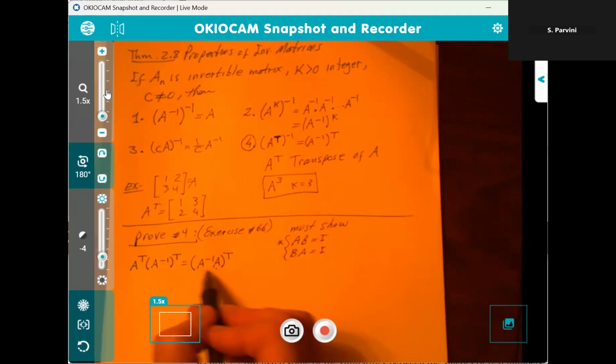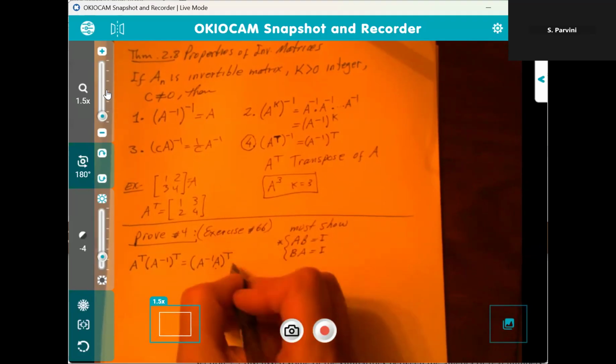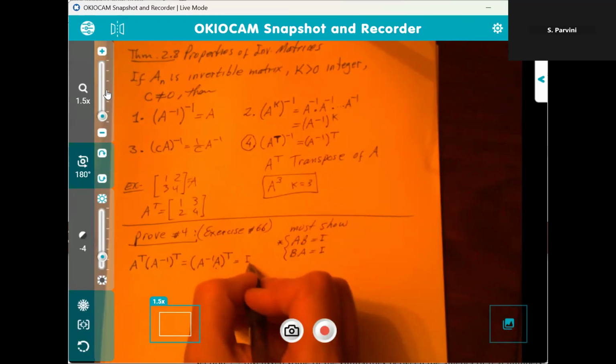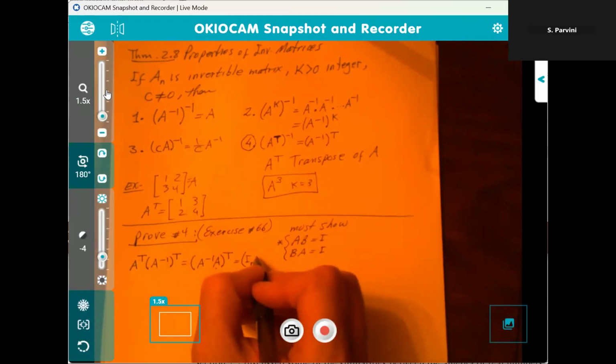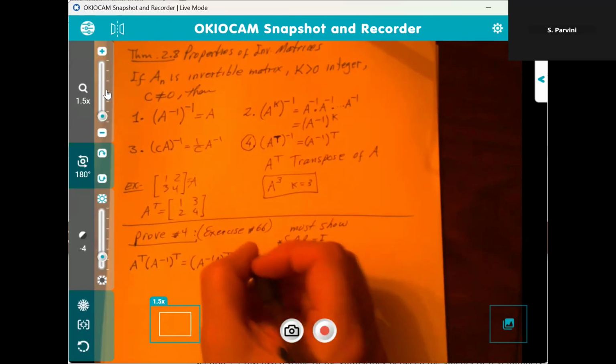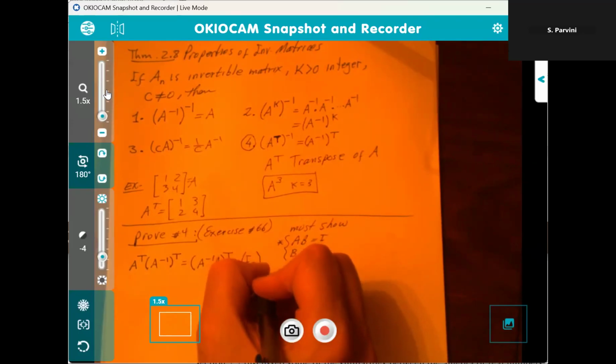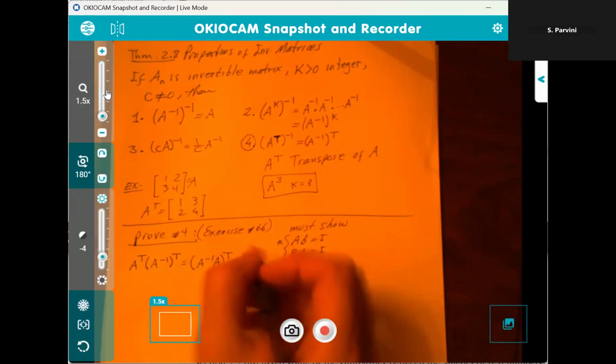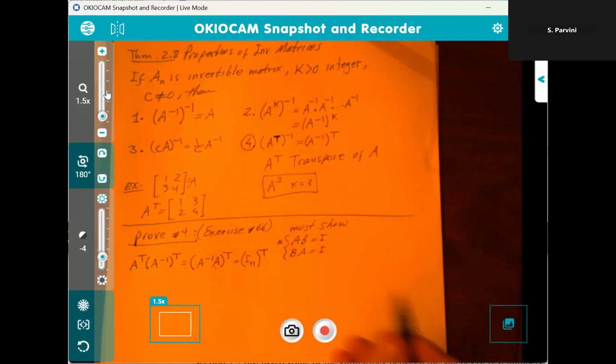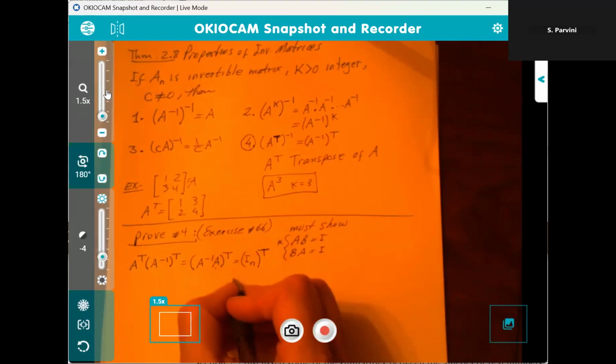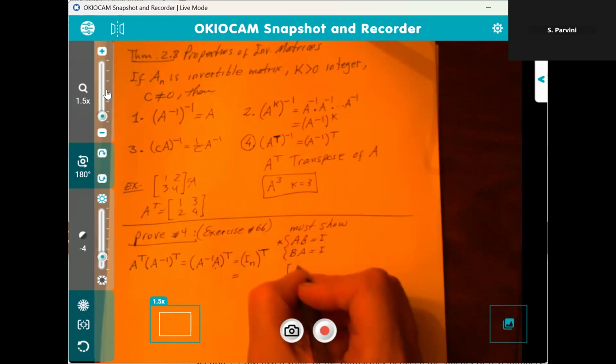Inside parentheses, I have the identity matrix of order n, and it is being transposed, right? What is the transpose of the identity matrix? Here is 1, 0, 0, 1.